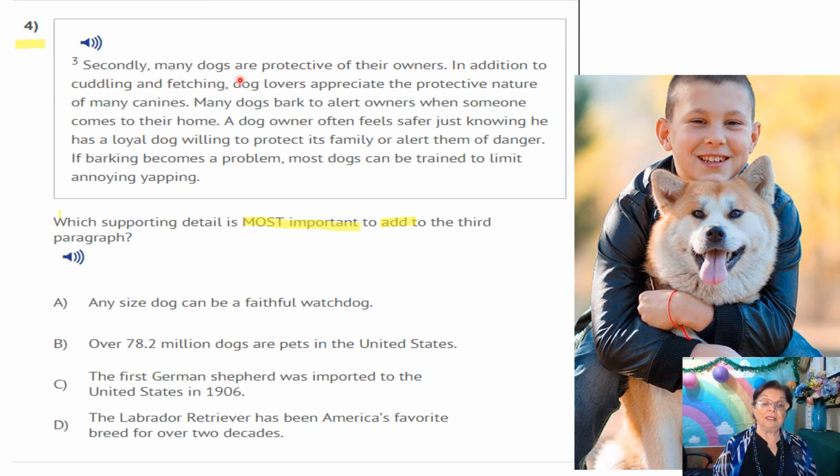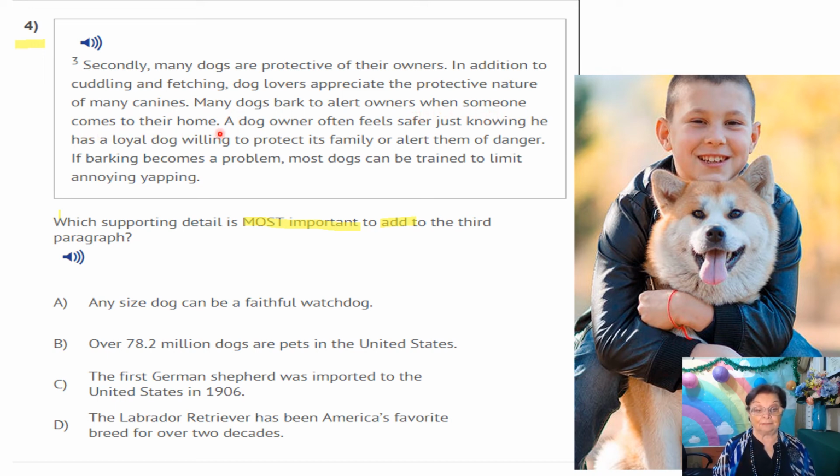Secondly, many dogs are protective of their owners. Okay, I think that's the main idea of the paragraph. In addition to cuddling and fetching, dog lovers appreciate the protective nature of many canines, so dogs will protect you. Many dogs bark to alert owners when someone comes to their home.